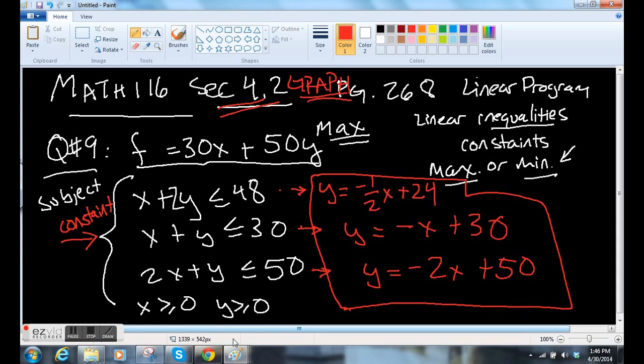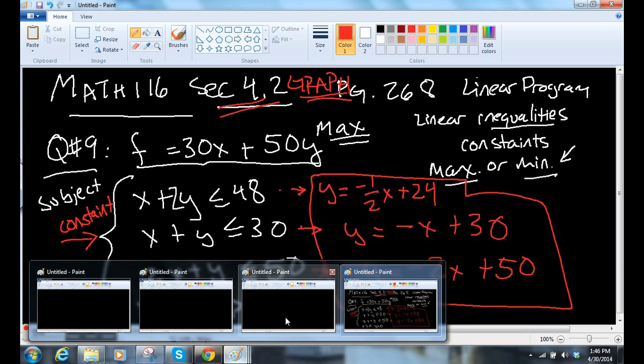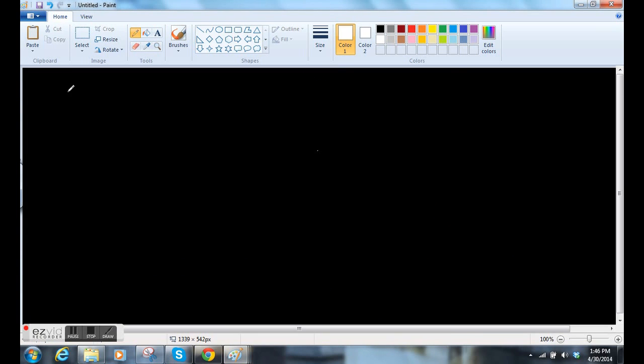The way you do that is you find 2 points for every line. Let me show you. The first one is y equals negative 1/2 x plus 24, sorry, plus 24. For this line you get 2 points.